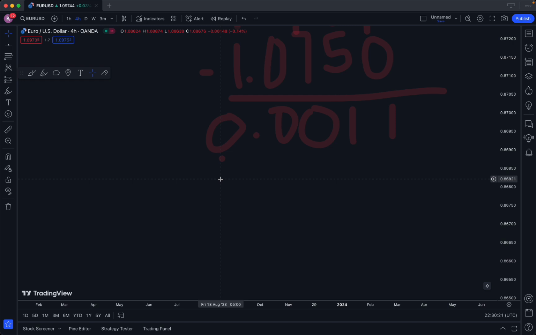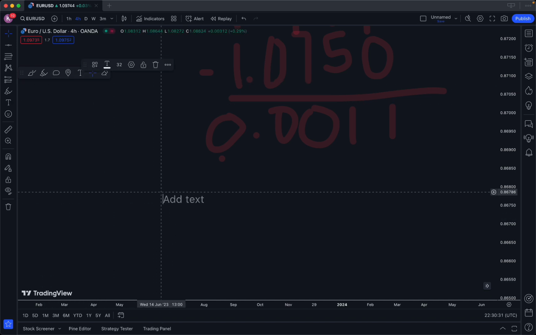Now the difference is 0.0011, which is the same as 11 pips.